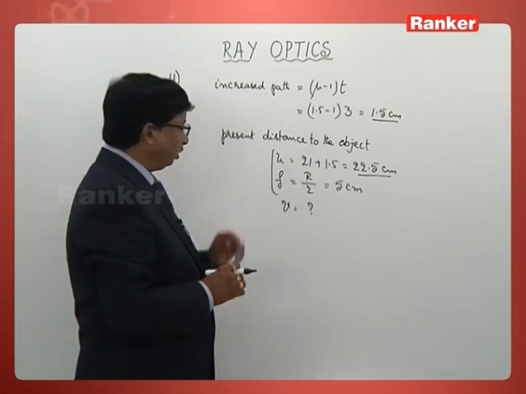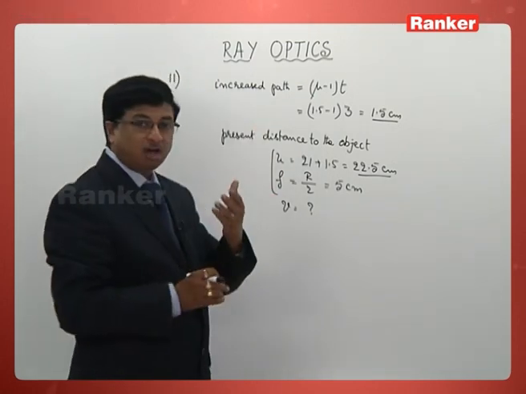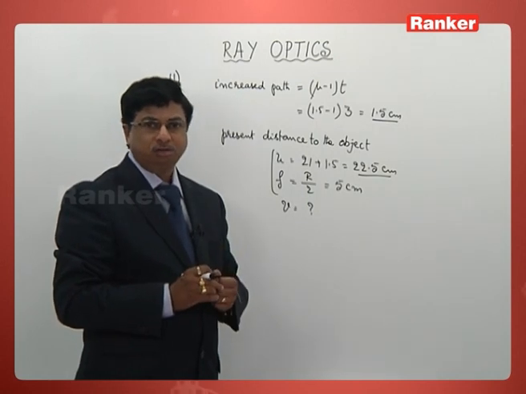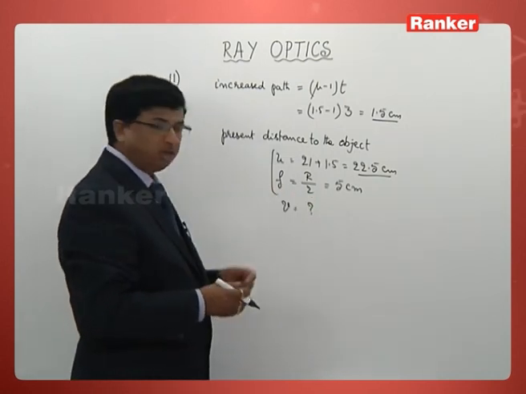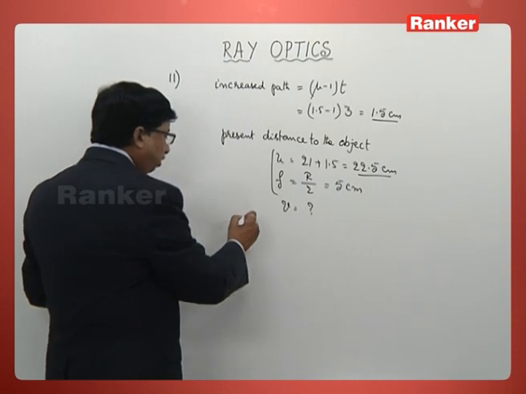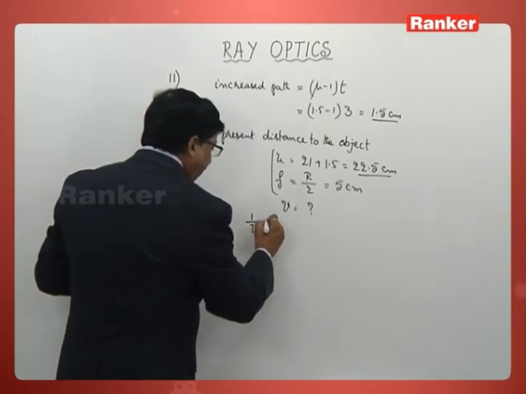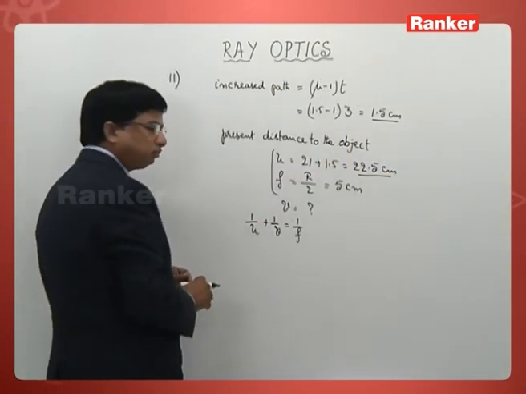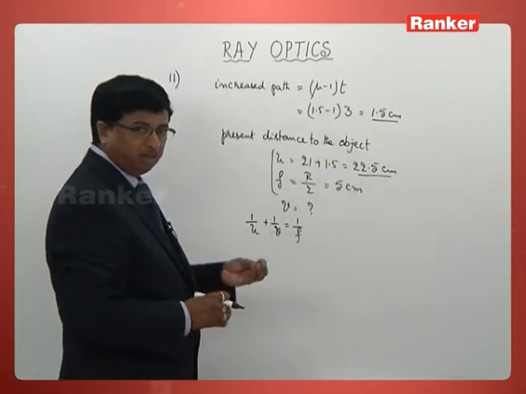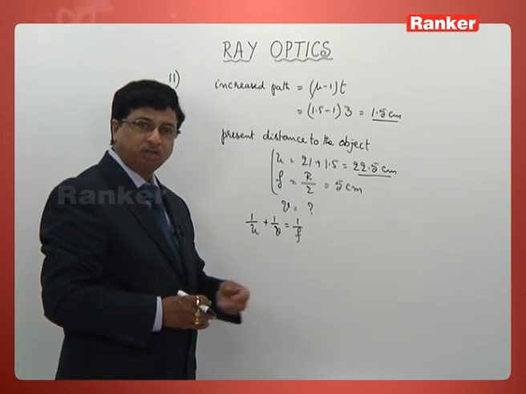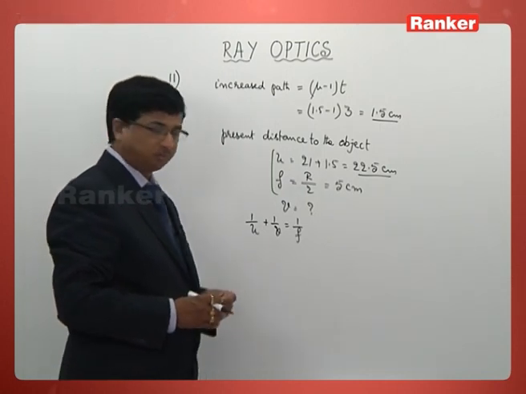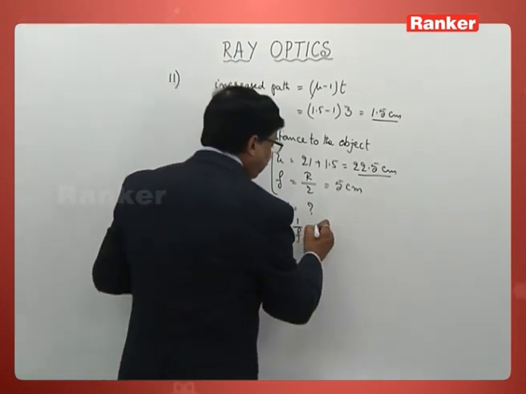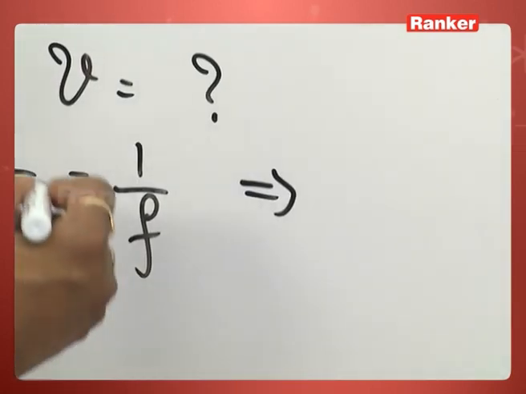So we want, and we know this is a concave mirror he is talking. So we certainly know what is mirror formula. 1 by u plus 1 by v is 1 by f. But anyhow we know v definitely will be negative. U also is negative, f also is negative in this case. So let us write the values according to the sign convention.